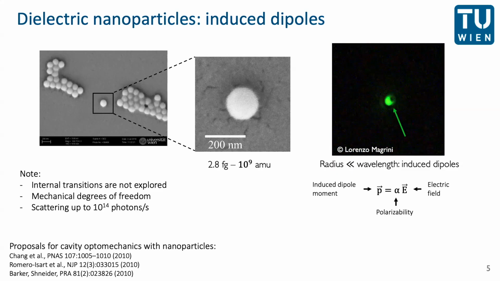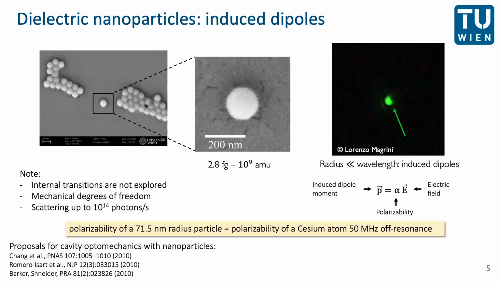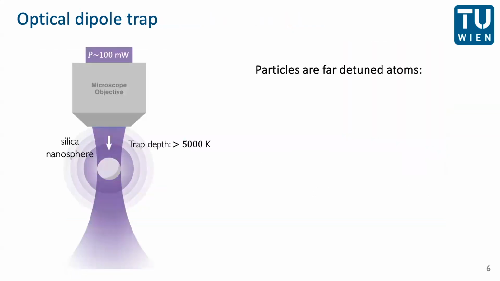And again, for some of you that have some experience maybe with atomic physics, the polarizability of one of these particles is equal to the polarizability of a cesium atom with 50 megahertz of resonance. So it's essentially a far-detuned atom. And this means that, of course, you can trap it in an intensity maximum.